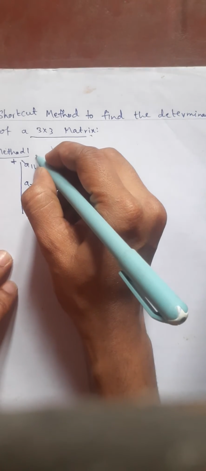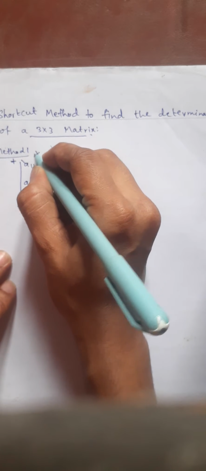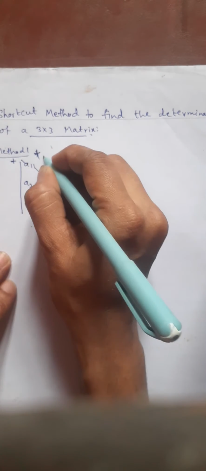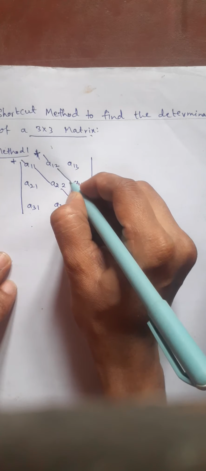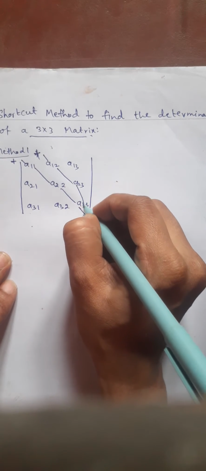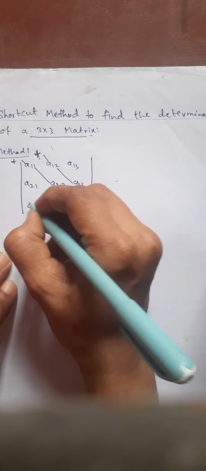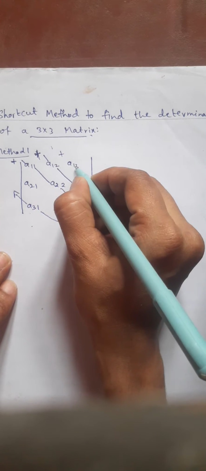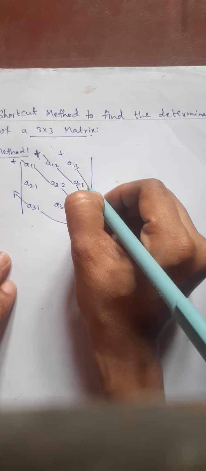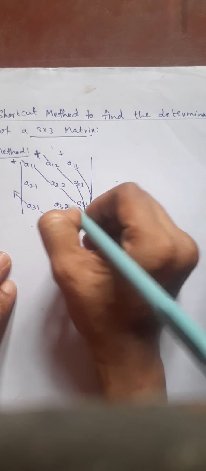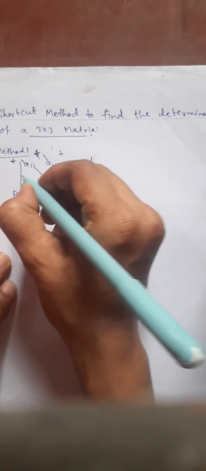Along with this, we have to add another term: A12 multiplied with A23 and with A31, plus A13 multiplied with A32 and A21.